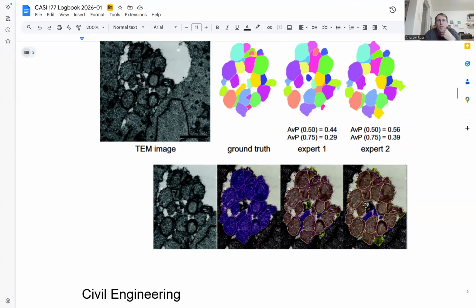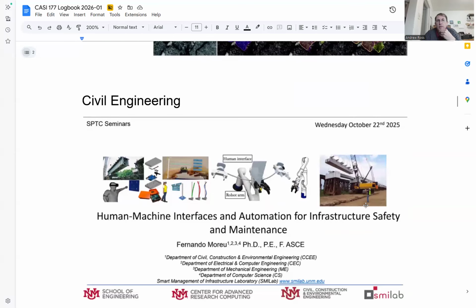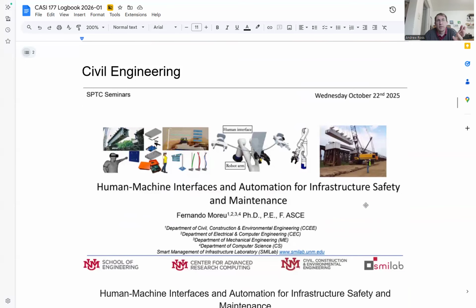Moving from biology to engineering, one of my friends in the math department had a long career for the Michigan Department of Transportation as a bridge engineer for highway overpasses and such. And he attended a talk about using AI in civil engineering. This is one of the slides from it. I can send you the whole slide deck if you're interested.